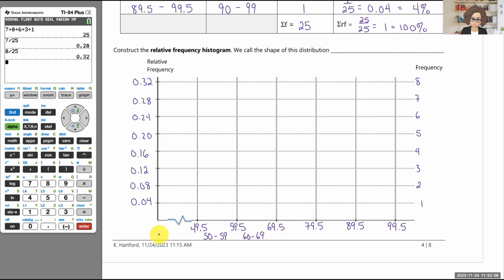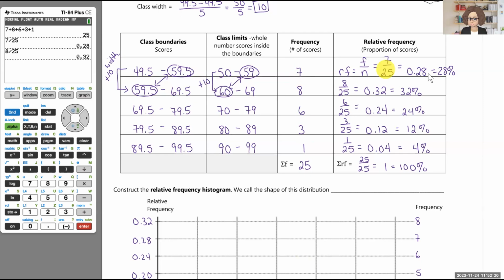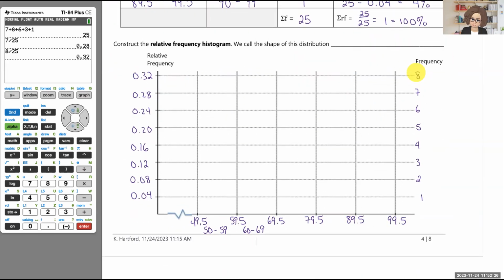So if we go back up and look at the students in the 50s, that was 7 students, which was equivalent to 28%. So 7 students equivalent to 28% or 0.28. So it looks like our graph, we've done it correctly. So that first bar of the histogram would be at a frequency of 7 or a relative frequency of 28% or 0.28.